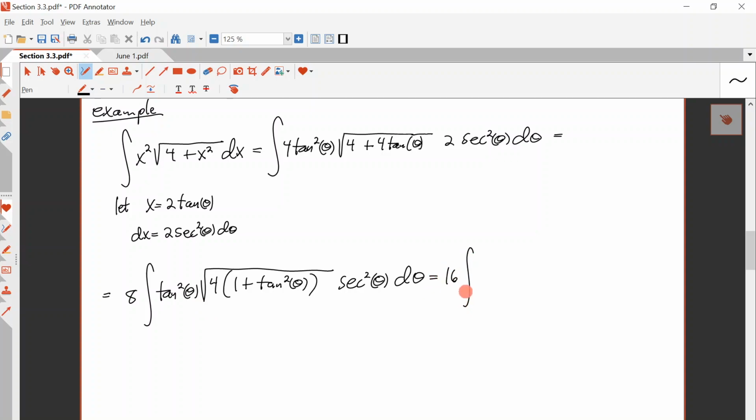16 tangent squared theta square root of secant squared theta, secant squared theta d theta. The square root of secant squared is the absolute value of secant theta.